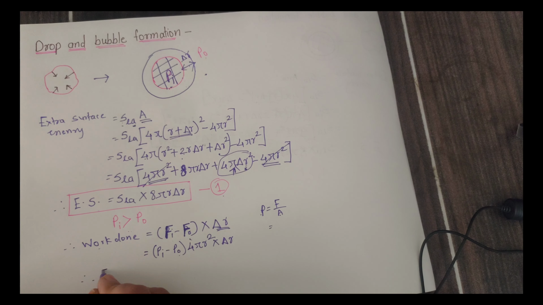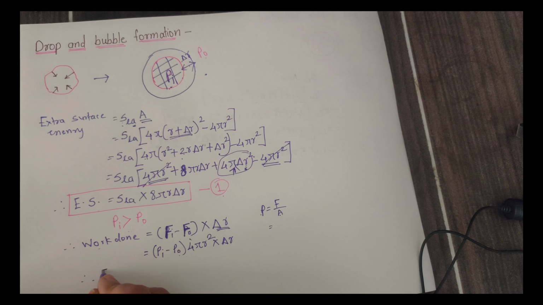This is our equation 2. So equation 1 is equal to equation 2 if the drop is in equilibrium, that is, extra surface energy is stored in the form of the work done. So we are equating equation 1 and equation 2.